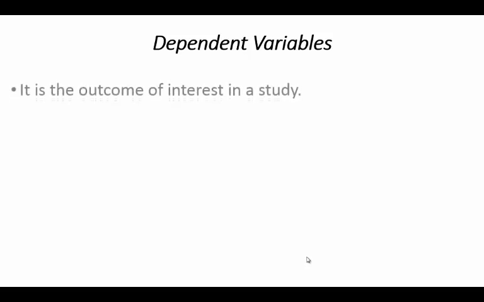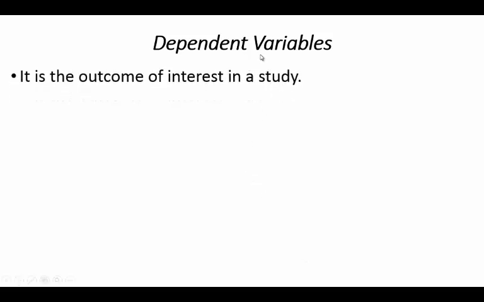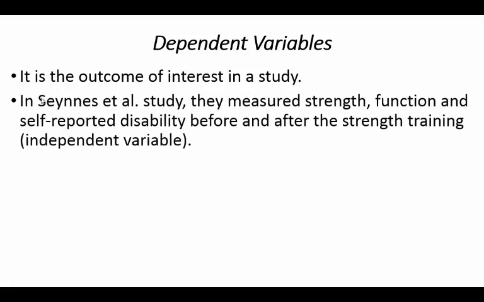Now for the dependent variables, dependent obviously based on the independent variables. So it is the outcome of interest in the study. So that's what I'm going to measure, or I'm hoping that's going to change, so I can measure that change at the end of the study. In this study that we just talked about, they measured strength.